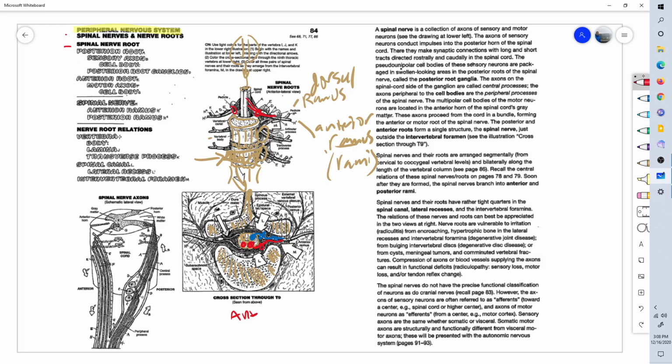So, information leaves here through the anterior horn, through the anterior root. Excuse me. Let's see.